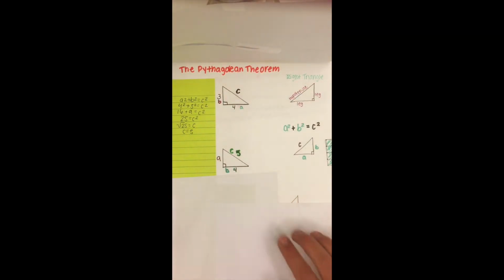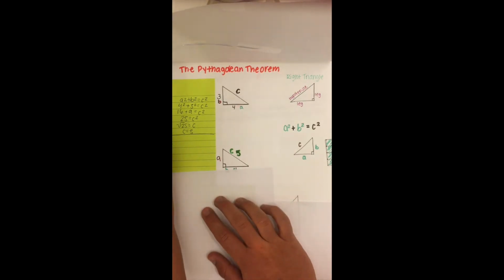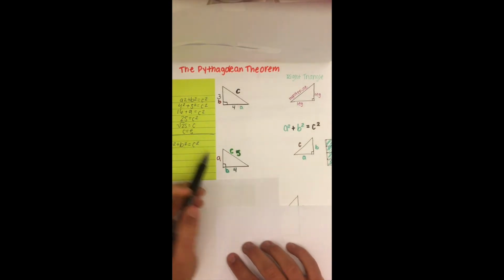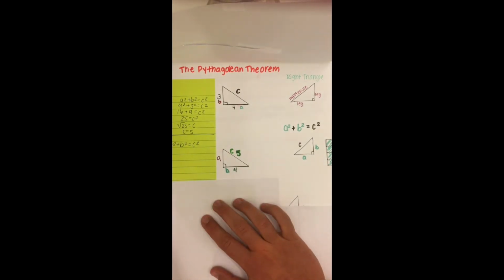So let's look at this one. We can write in, again, a squared plus b squared equals c squared. And we can see how this equation works not only to find the hypotenuse, but to find the legs as well.